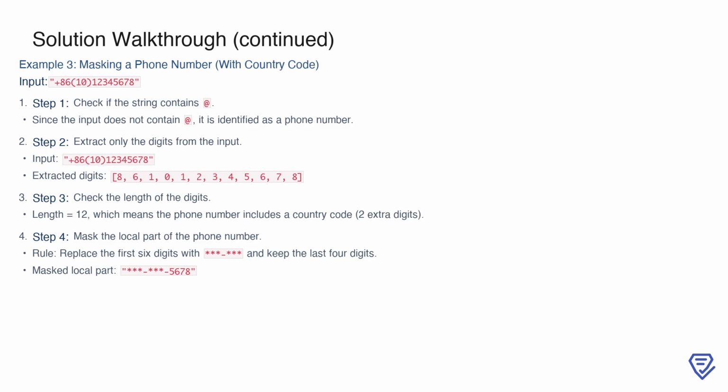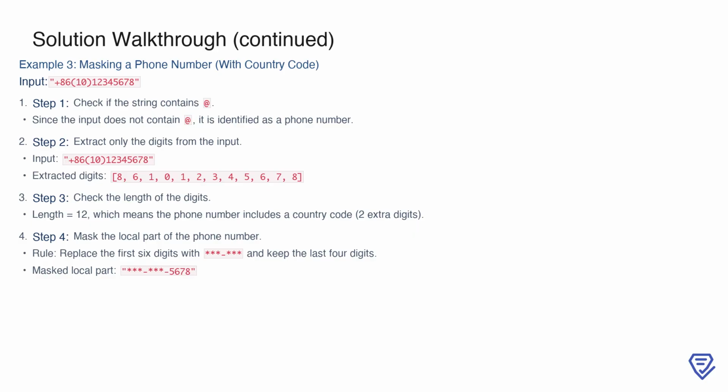Now we have a phone number input that includes a country code, +86 10 1234 5678. As always, the first step is to check for the @ symbol. Since it's not present, we identify the input as a phone number. We then extract only the digits from the string.